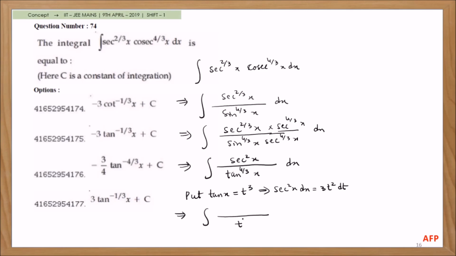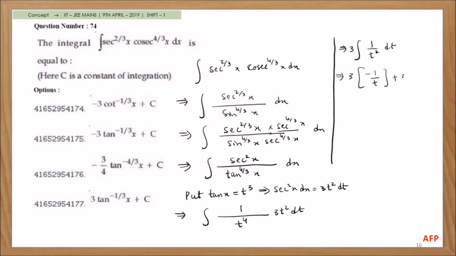Denominator t^4 you got, and dx, what you got? 3t^2 dt. So this is what you got. So this implies integration, 3 outside, 1 divided by t^2 dt. So integrate, what are you getting? 1 divided by t you got, plus c.